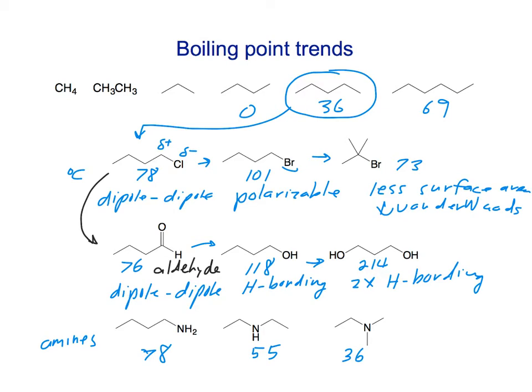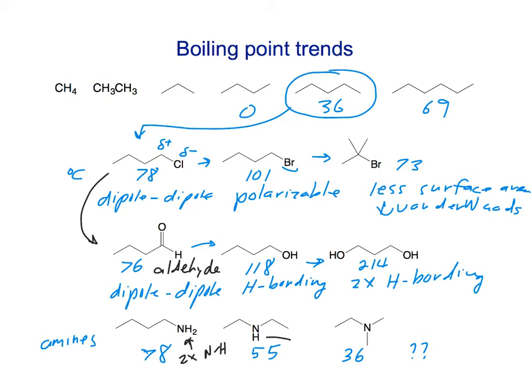Okay, so why would this be? Well, it has to do with the amount of hydrogen bonding. So the compound on the left has 2 NH bonds, all right? And each of those can hydrogen bond.